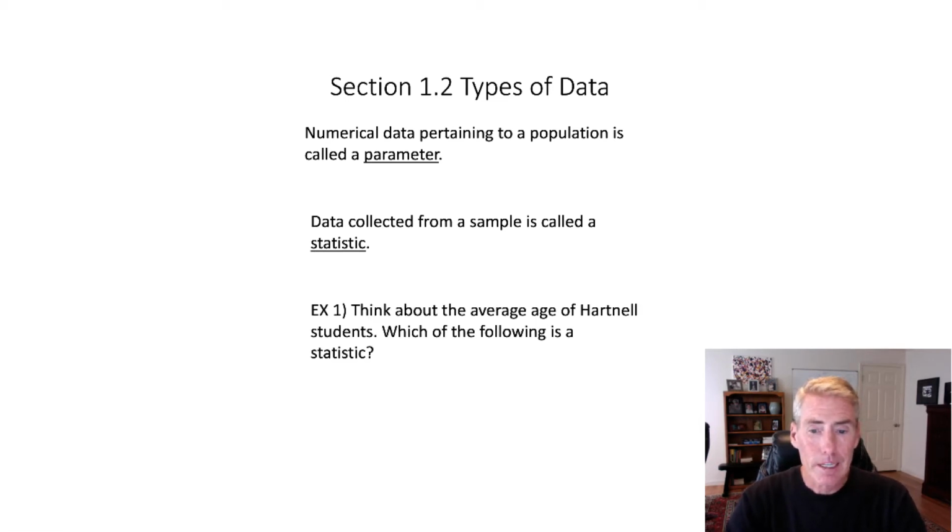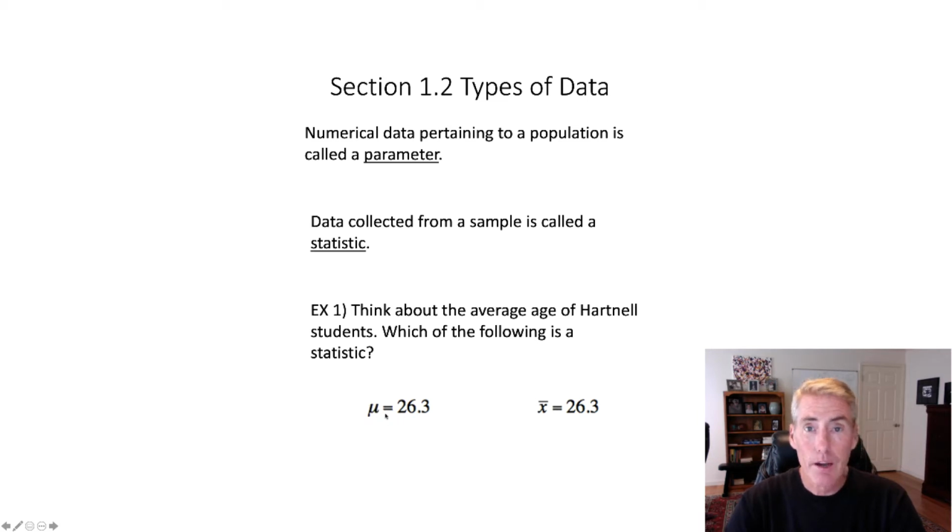So if you think about the average age of Hartnell College students, first of all, what do you think it is? Actually, it's 26.3. Which one of these is a statistic? In other words, which one is a sample? Well, the Greek letter mu stands for the whole population.